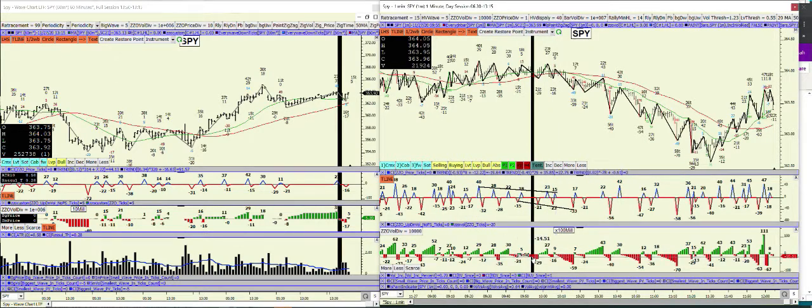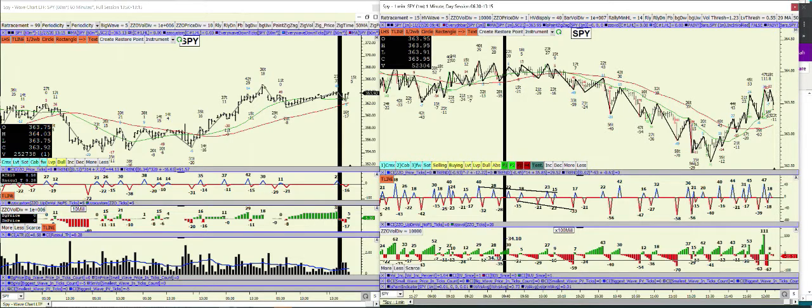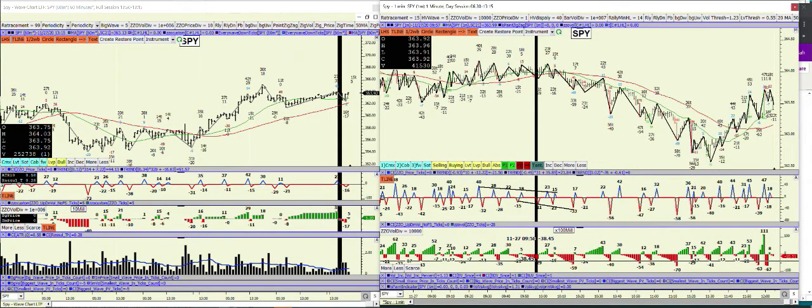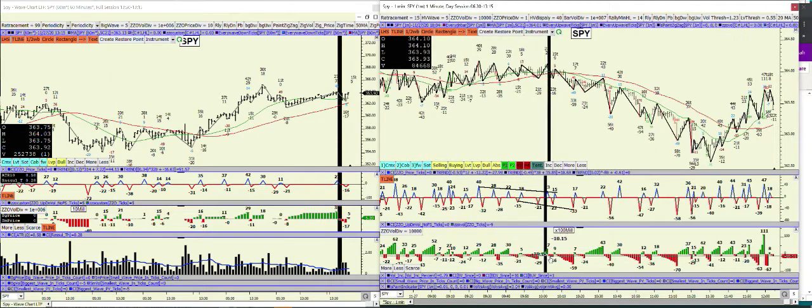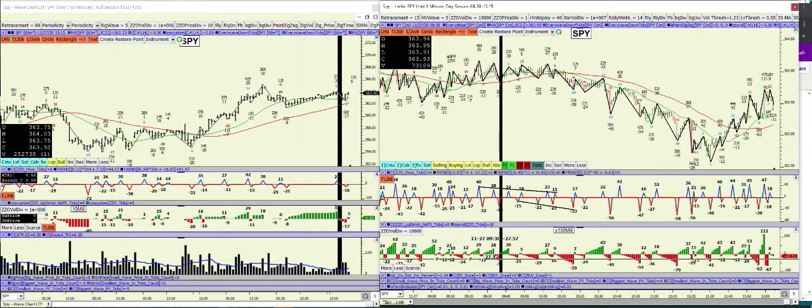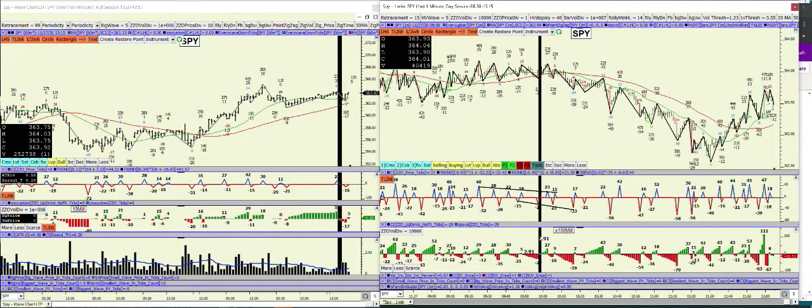Here you see it, I think all the way back here. We get 35 down, 30 up, 21 down, 5 up, 29 down, 27 up, 16 down, 9 up. You cannot have that behavior in an uptrend or even a sideways trend. You cannot consistently have the down waves bigger than the up waves and the down volume bigger than the up volume.